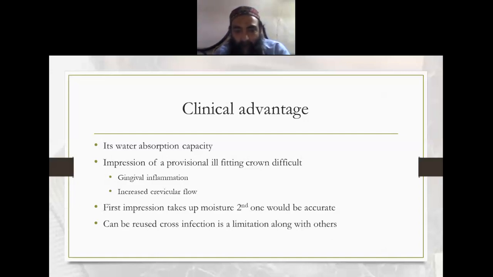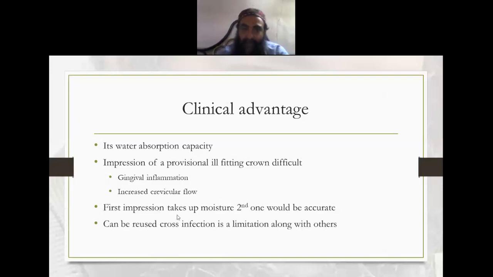So what we have to do, we have to take two impressions, because an impression of a provisional ill-fitting crown is difficult with any other material due to these two things. So it will be possible with agar material, but we have to take two impressions.